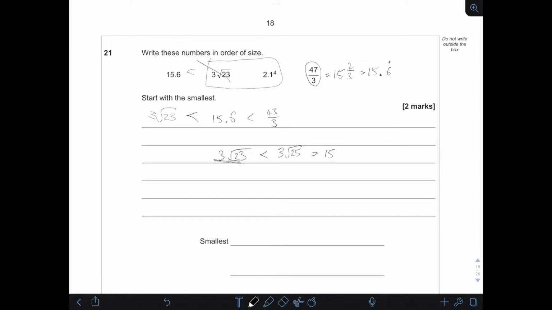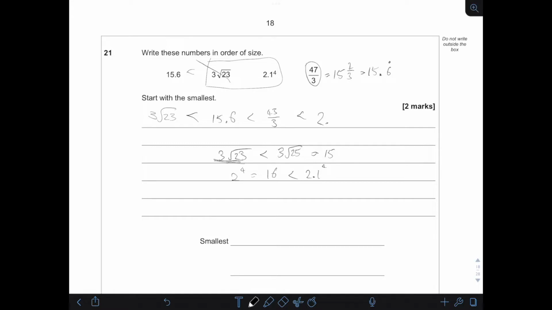Now we have 2.1 to the power 4. So 2.1 is roughly 2. 2 to the power 4 is equal to 16. So 2.1 is bigger than 2, which means 2.1 to the power 4 is greater than 16, which means that that value has to be much bigger than 15.6 recurring.